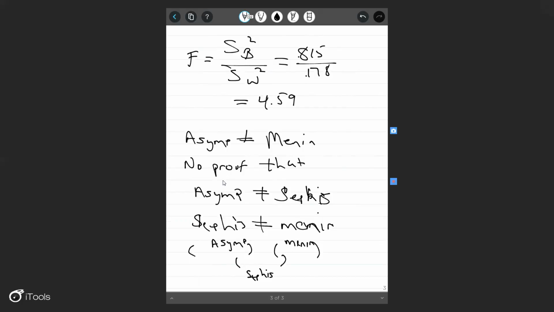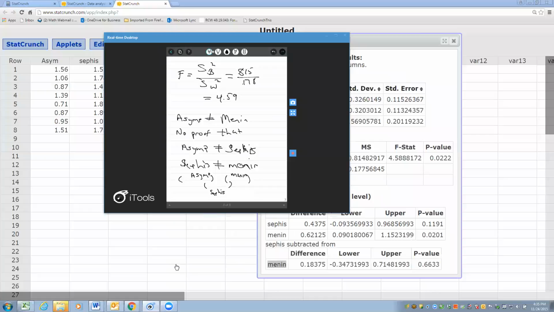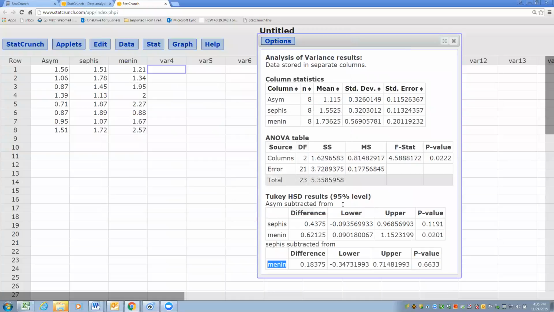And it's possible that I could ask you to interpret the information that came out of a Tukey's comparison. Again, remember, if the confidence interval created from Tukey's method contains 0, I cannot say there is a difference between the two things being compared.